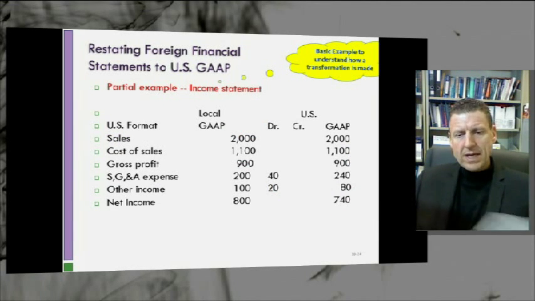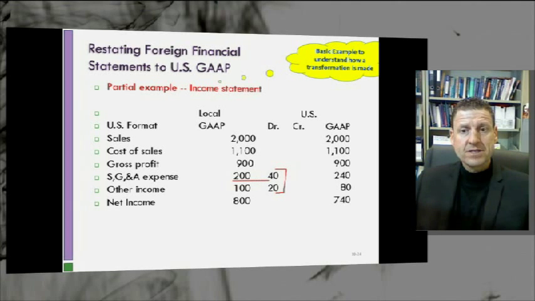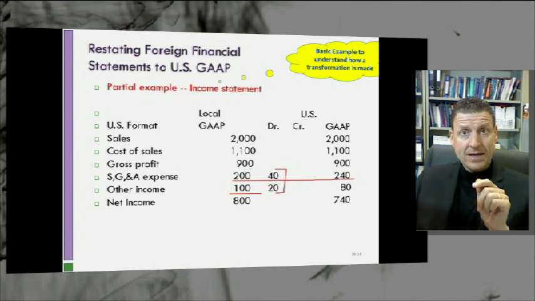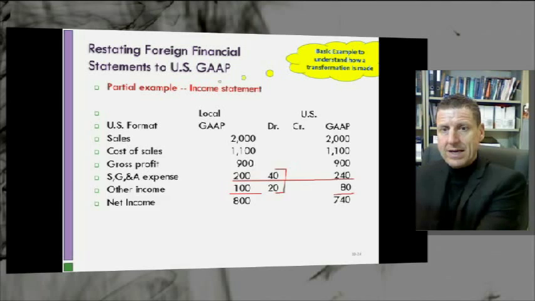So we have the 2 income amounts that are adjusting. We are actually increasing our sales good and administration expense by $40. We are reducing other income by $20. So other income is only $80. Why did we do that?